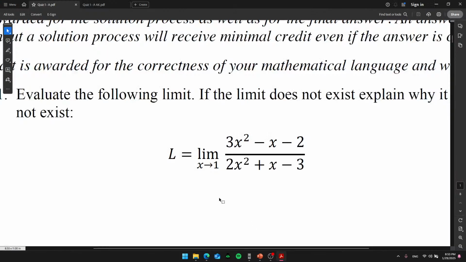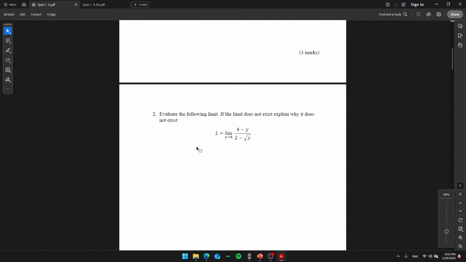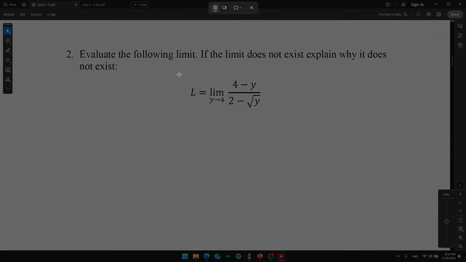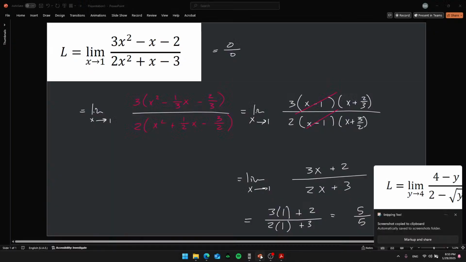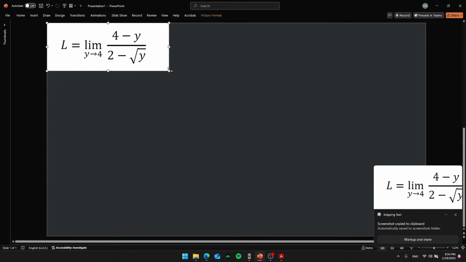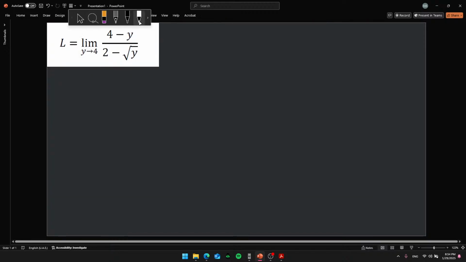Next question. Right. Okay. Easy peasy. Plug in the number, you'll get 0/0. Okay. Now, I guess you have to multiply by the conjugate because there is a radical.